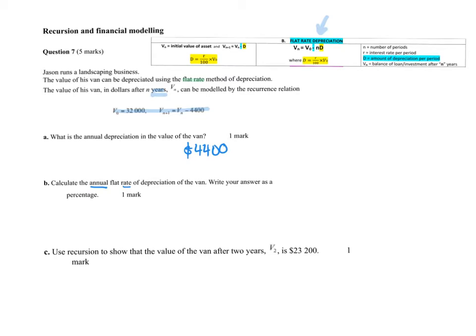Okay, calculate the annual flat rate depreciation rate of the van. So if you look up there, you can see that D, which was 4,400, is found by using the rate times 100 over 100 times V0. So if I substitute that into that formula, the rate is what I want to know, and I know that the van was initially 32,000.